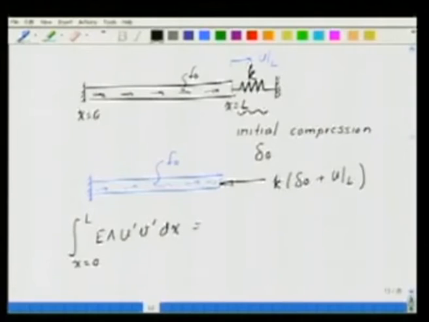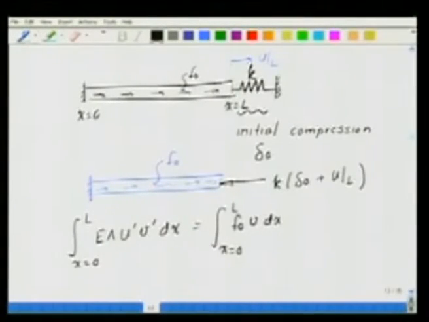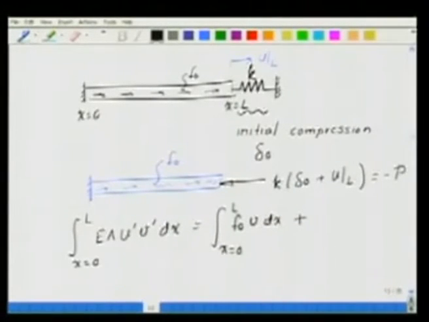So, the weak form will be integral x equal to 0 to L f naught v dx plus P at the end x equal to L, that is the applied external force, into v at the end x equal to L. Now, what is this force equal to for us? If you remember, the P was tensile earlier, now it is compressive, so it is minus P. So this plus becomes actually a minus.